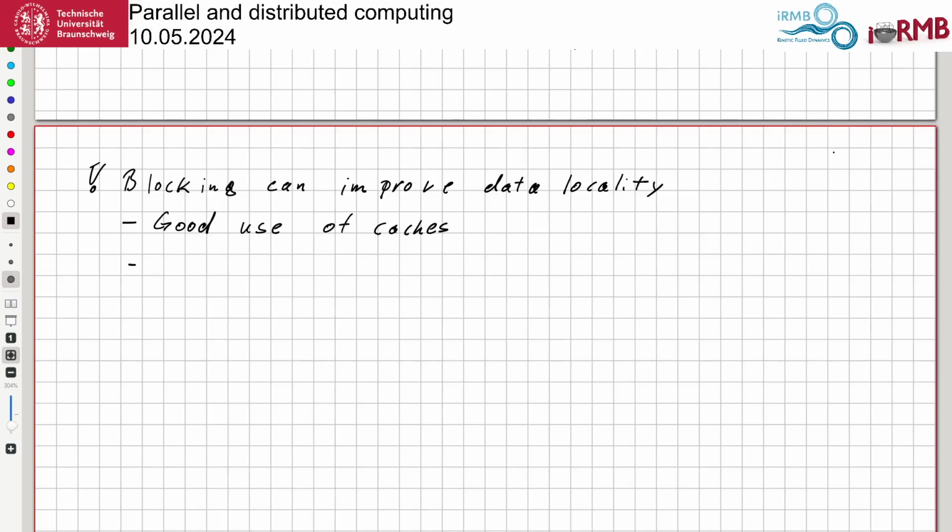And depending on the nature of your problem, it may be useful to minimize inter-process communication.